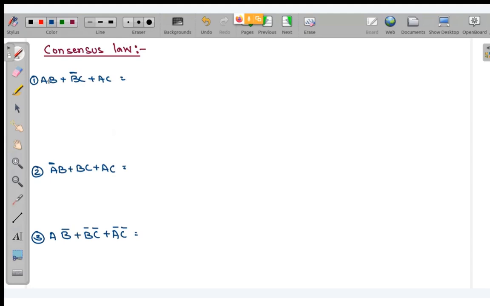See this expression, A dot B plus B bar C plus AC, I can write it like this. So this is AB plus B bar C dot 1 plus AC.